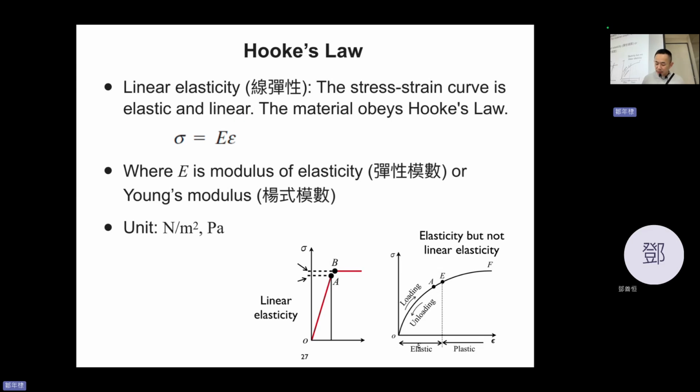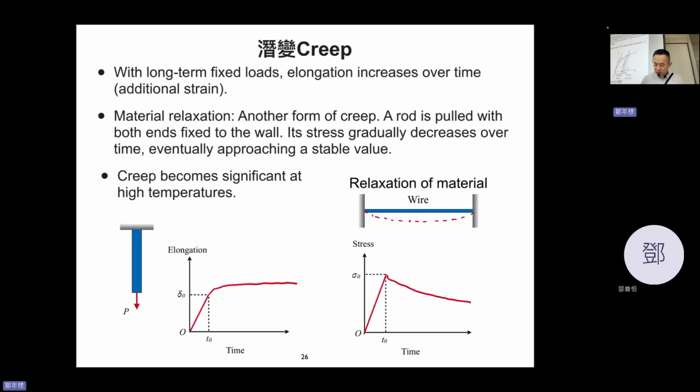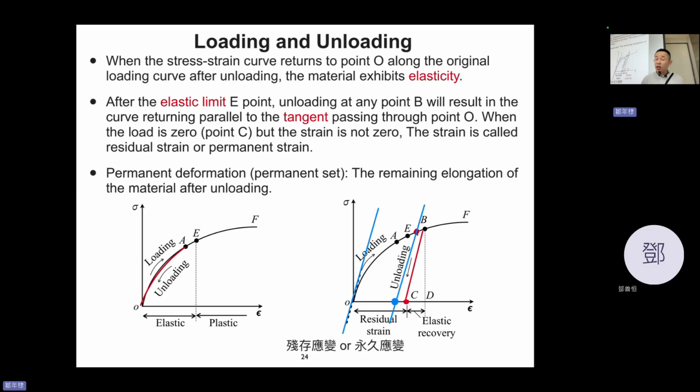Oh, you notice that why I said linear. For example, this one, when the loading unloading is before the elastic limit E, it is elastic because it returns to its origin, but it's not linear because this is a curve, right?